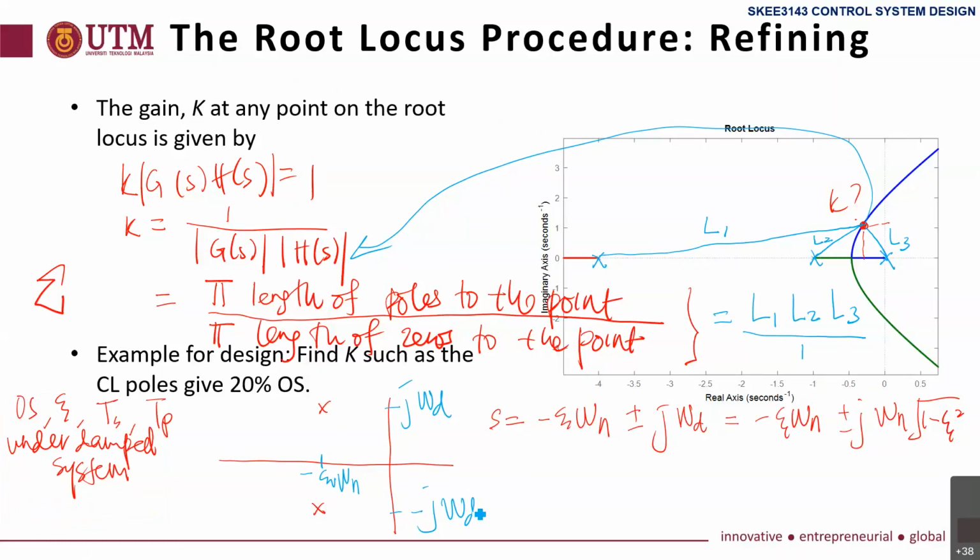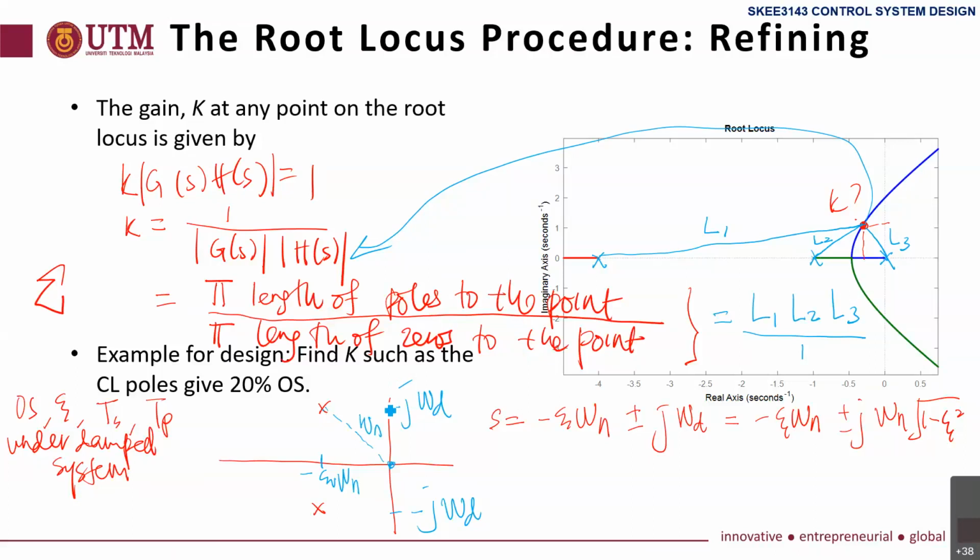If we know the location of the poles and take the distance to the origin, you will see that the length here is omega n.